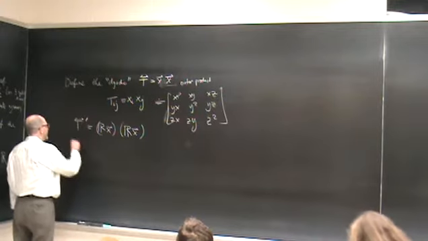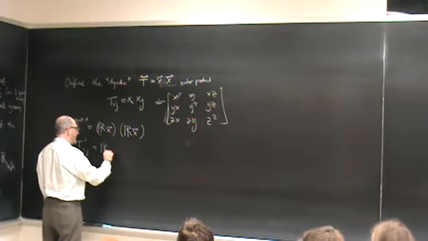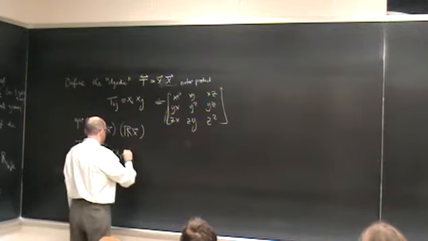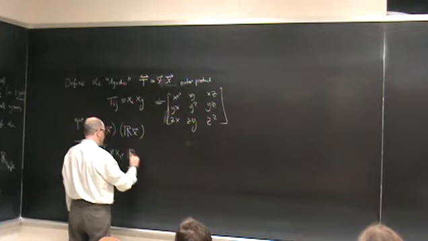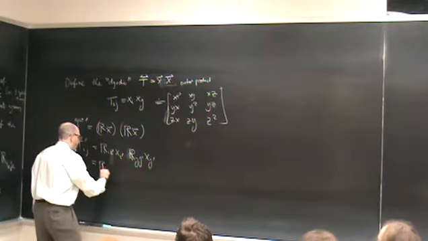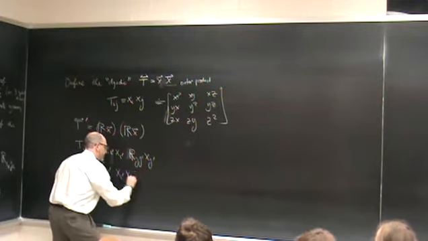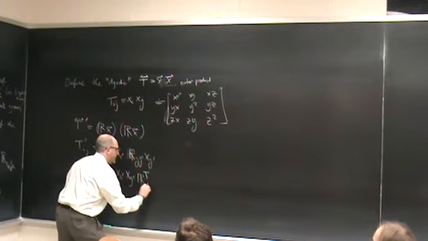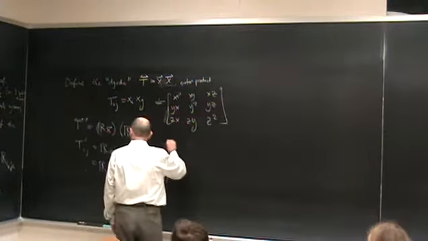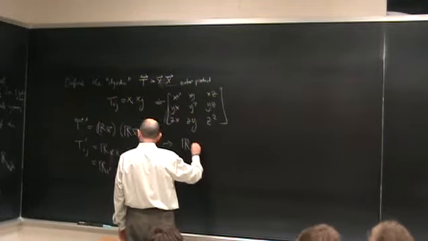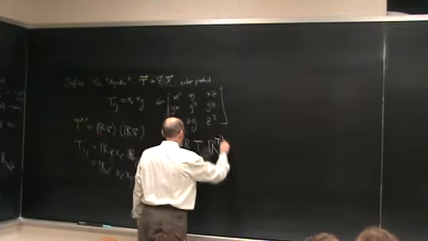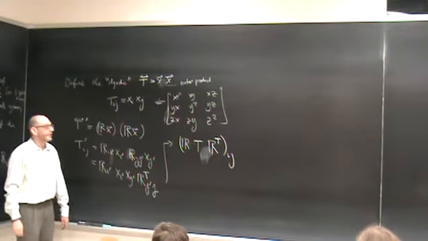And that says that these are equal to R_ij, or I prime, J prime, which is I prime, J prime, R transpose, J prime J, which is R, T, I T, R transpose I J. Right?